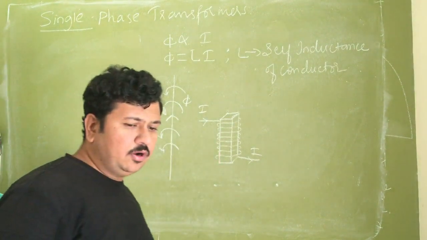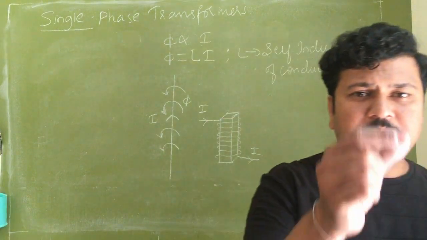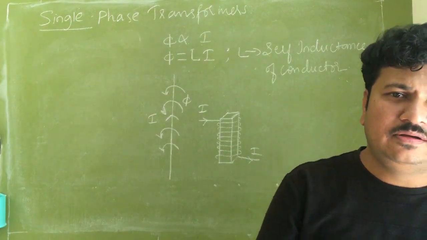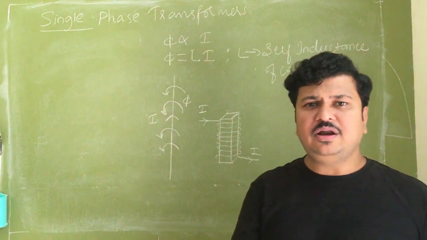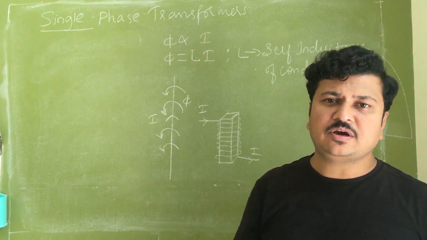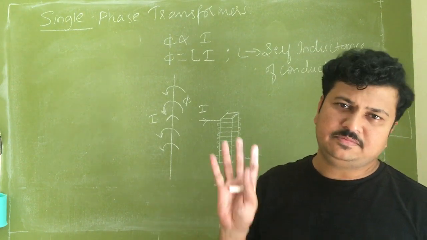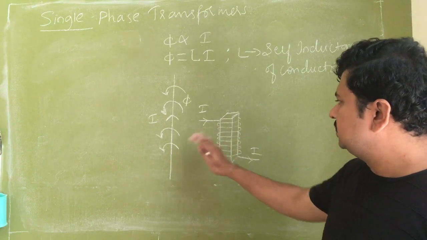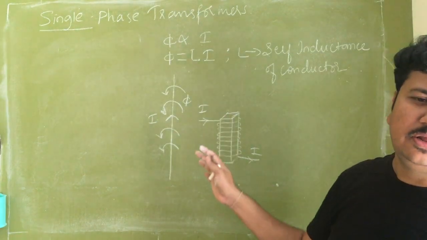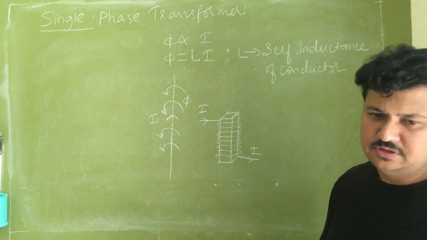So always when I want an electromagnet, I keep my conductor in the form of a coil. Hereafter, whether I call it a conductor or a coil, both are the same. I use the names coil and conductor interchangeably, so don't get confused.